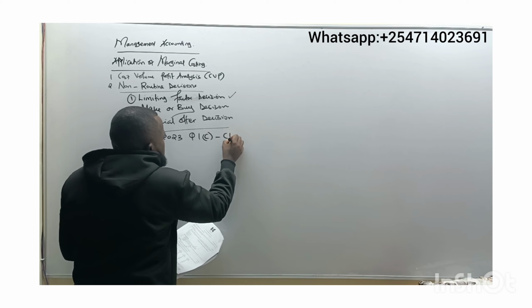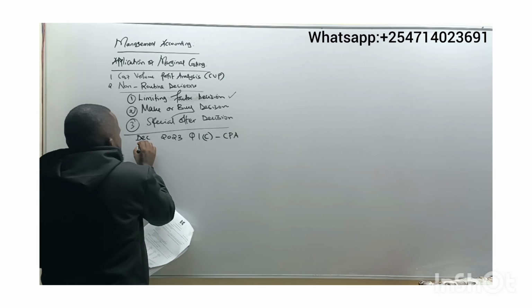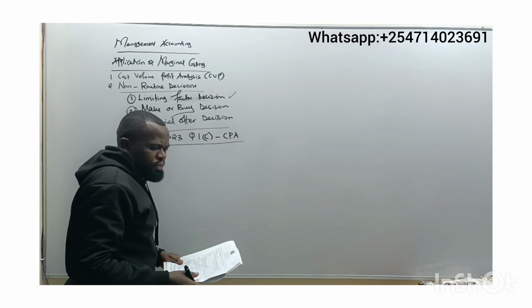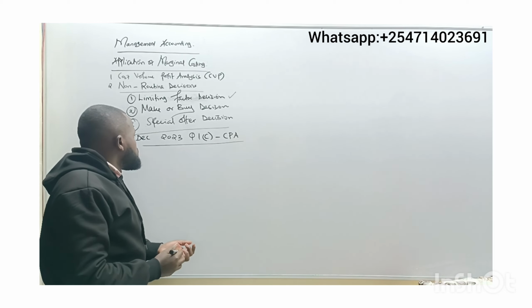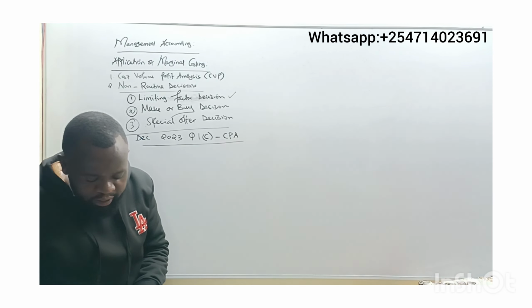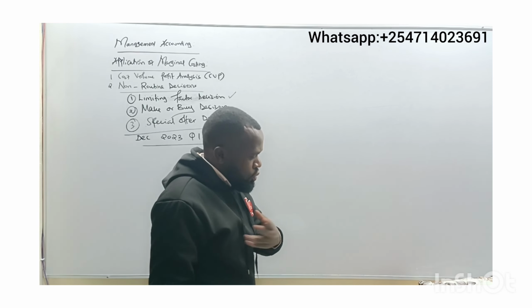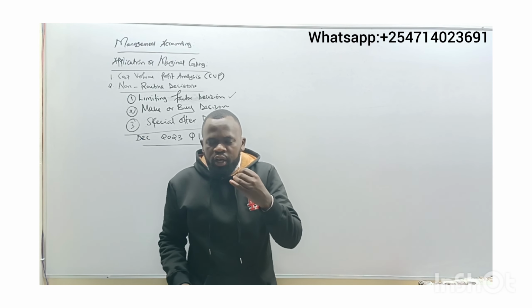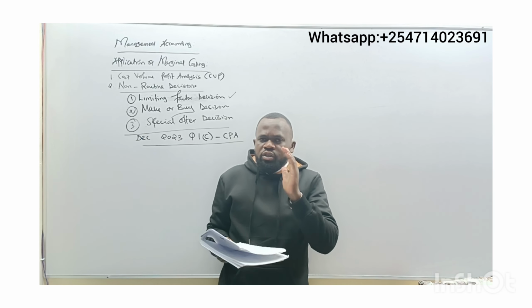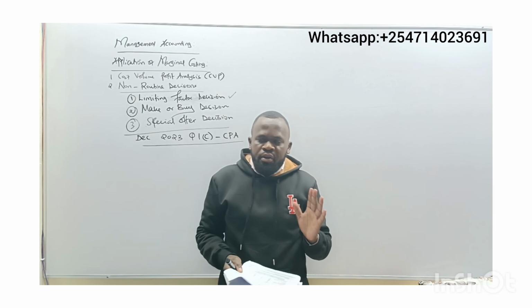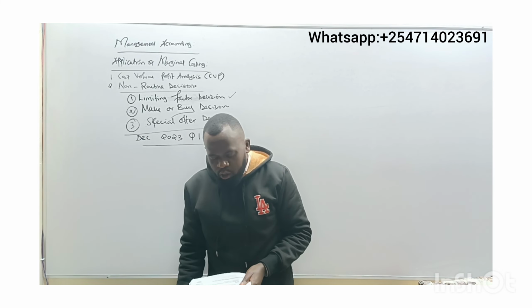This is a CPA past paper, management accounting, December 2023, question number 1C. Let me read that question. You can get these questions online, no problem. Then you follow the question step by step. You are going to understand the question.